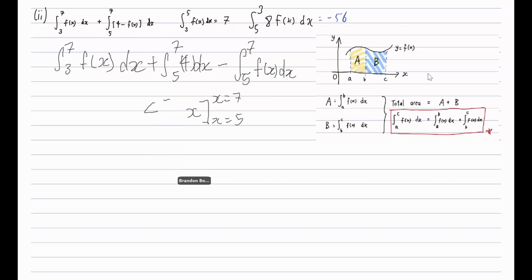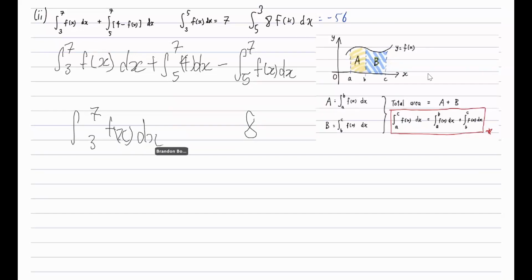So the middle term is just 8. And so it's 7 minus the integral of f of x dx, plus 8.